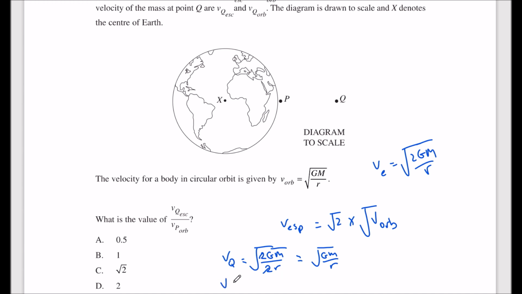If we look at the orbital velocity of P, which is the square root of GM over r, the radius is 1, relatively speaking, because we're using that distance there. The mass is exactly the same, so it'll be the square root of GM over r, over the square root of GM over r. So we get 1 from that value. So the answer would be B.